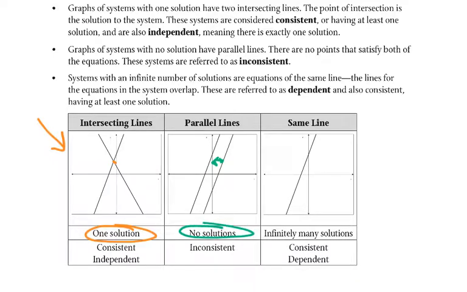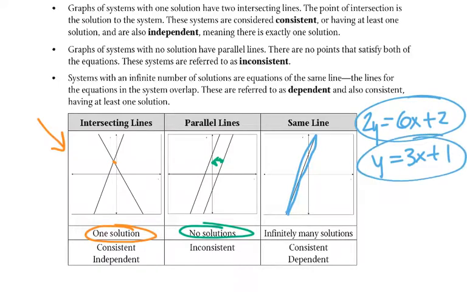Then you also run into some rare cases where the lines you have are exactly the same. That would be like if we had 2y equals 6x plus 2, and y equals 3x plus 1. They're the same graph even though they don't look like it. So they'd be the same line, so they have infinitely many solutions.